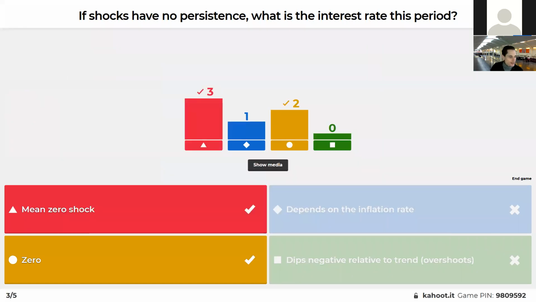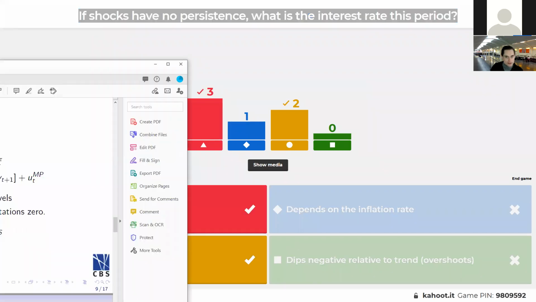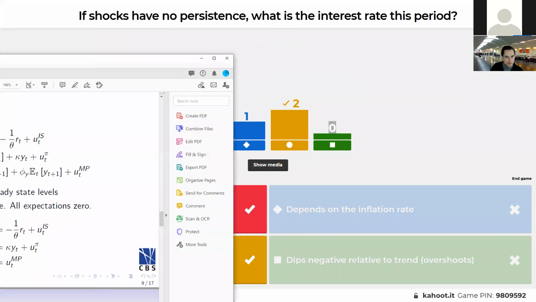I can just show you on this slide again. I think it's easiest to look at it that way. Down here, you can see that the interest rate today is going to be equal to this shock, the monetary policy shock. This thing here is just a mean zero random shock.